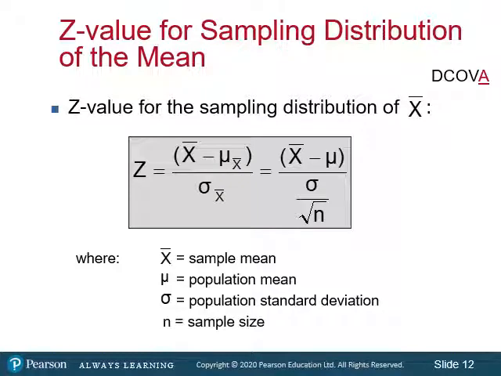So here we can simplify the formula to X bar minus mu divided by the standard deviation divided by the square root of n. The X bar denotes the sample mean, mu denotes the population mean, sigma denotes the population standard deviation, and n denotes the sample size.